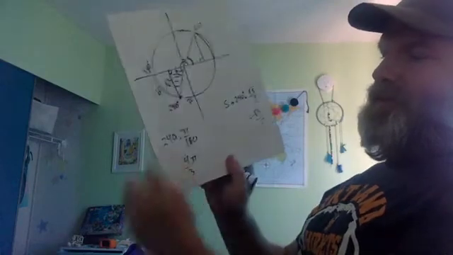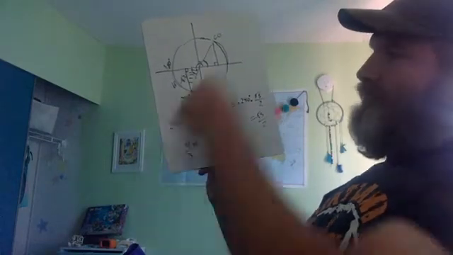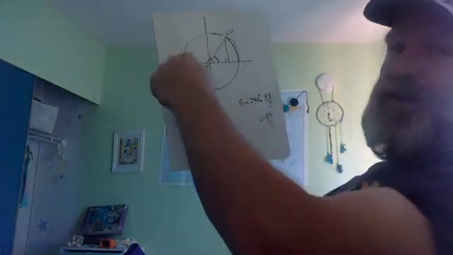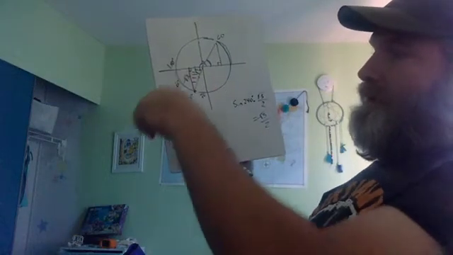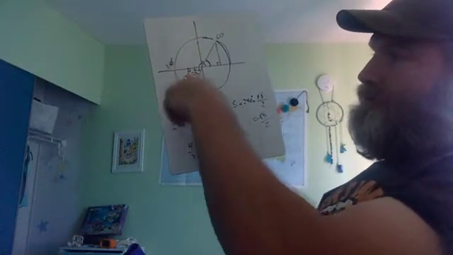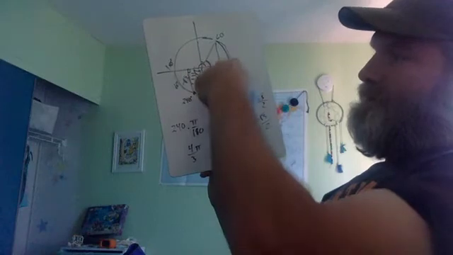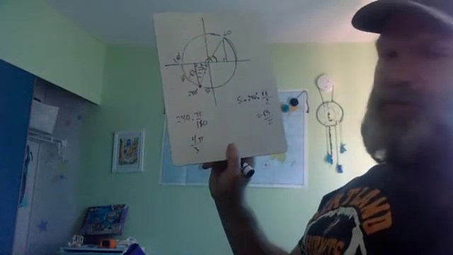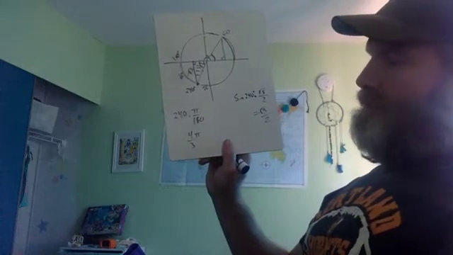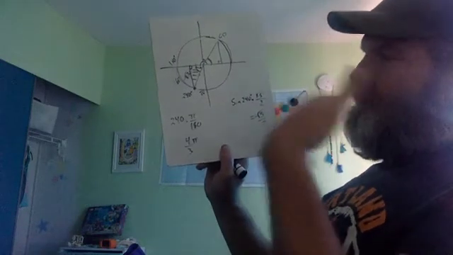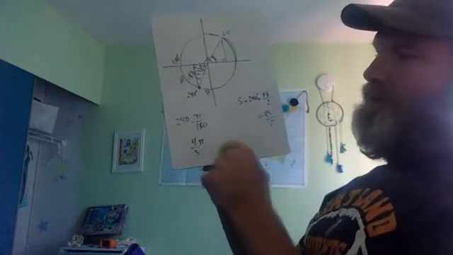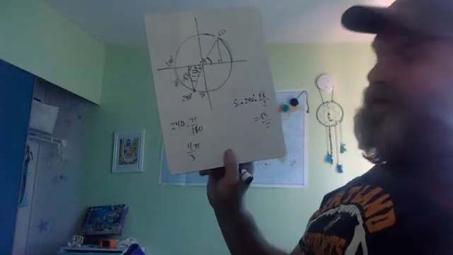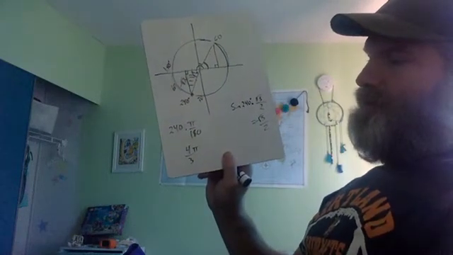So it's 4/3 pi. All right, it's going to be more than pi because 180 is pi, and 60 degrees is 1/3 of this bottom 180. So it's 1/3 past pi, 4/3. 1 pi plus 1/3 pi is 4/3 pi. That's how you can think about it in your head, but you don't even have to think about it in your head. If you just use this formula, it'll give you 4/3 pi.